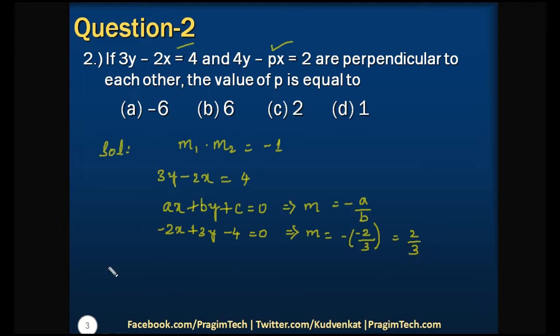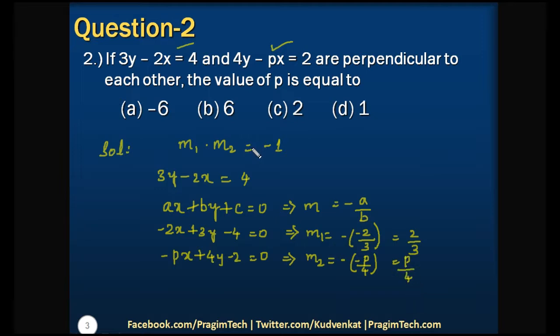Similarly, for the second equation, let us rewrite it: -px plus 4y minus 2 equals 0. Now, what is the slope? Let us name this as m1 and this as m2. The slope of this equation is -(-p/4), which is nothing but p by 4.